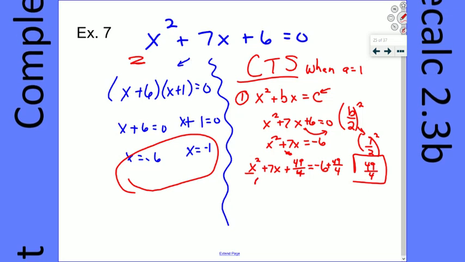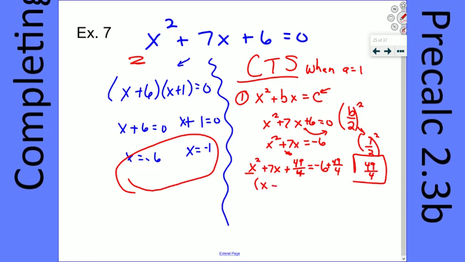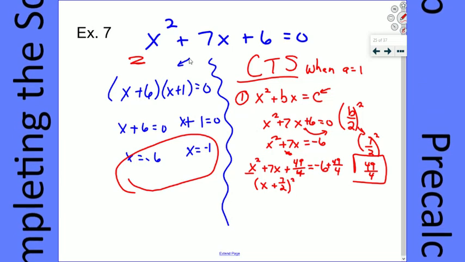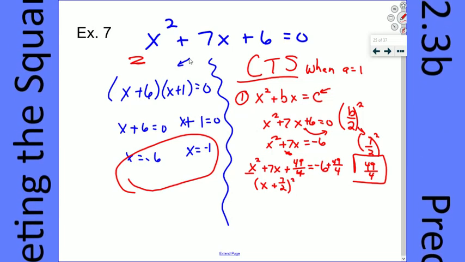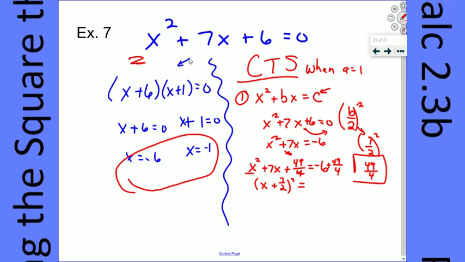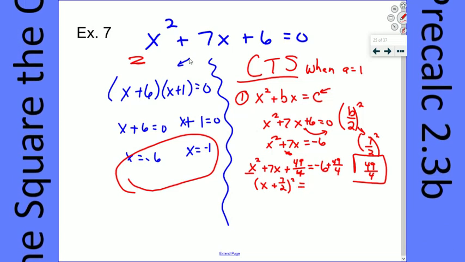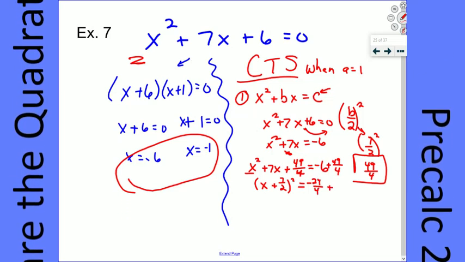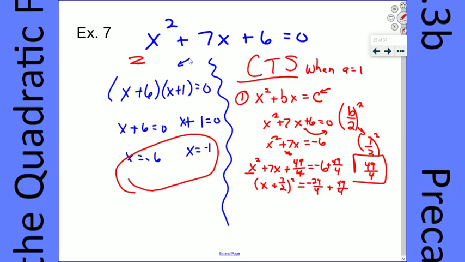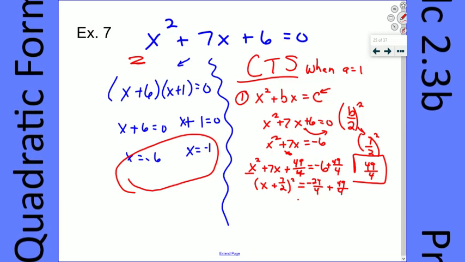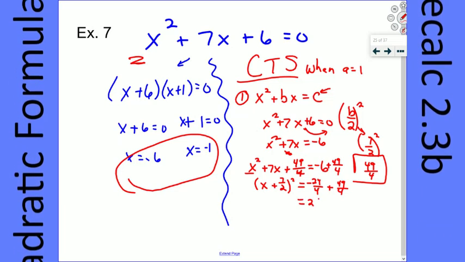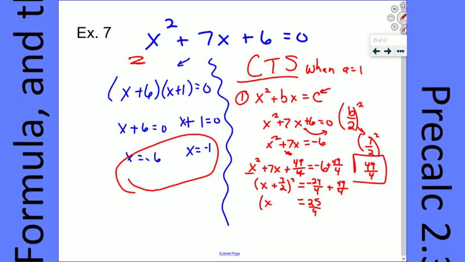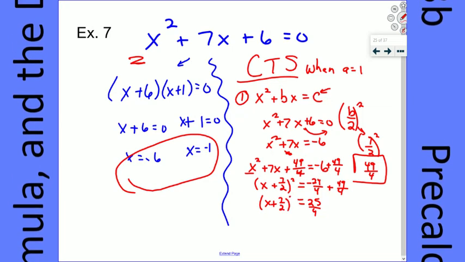So this is going to factor down to x plus 7 over 2 squared, which equals, if we write negative 6 as a number of fourths, negative 24 over 4 plus 49 over 4. So negative 24 plus 49 over 4 gives us 25 over 4. And then that equals x plus 7 over 2 squared.